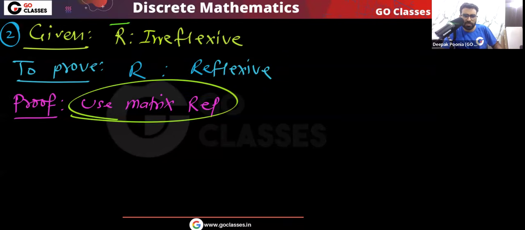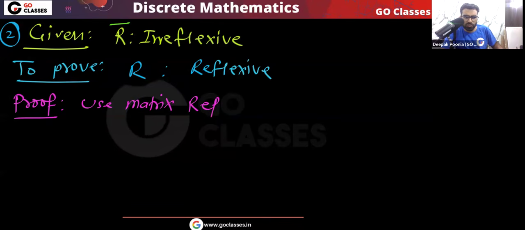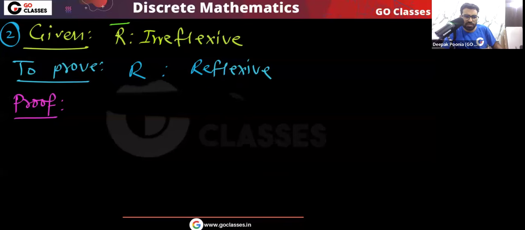Again, you can use the matrix representation. Or if you don't want to use it, just use the definition of complement. If R complement is irreflexive, it means R complement has no reflexive pair. So if I take the complement, it will contain all the reflexive pairs. Yes or no? Very simple point.